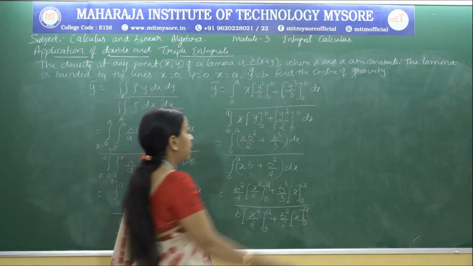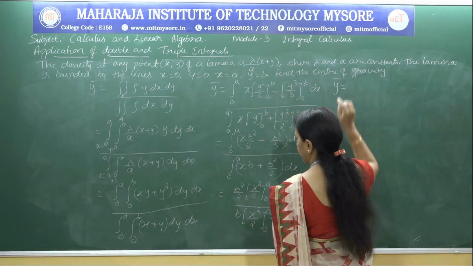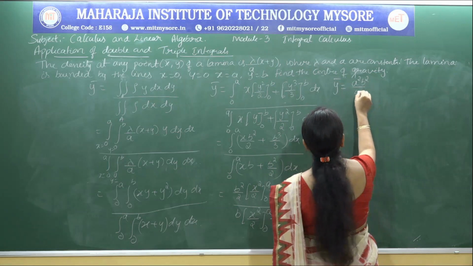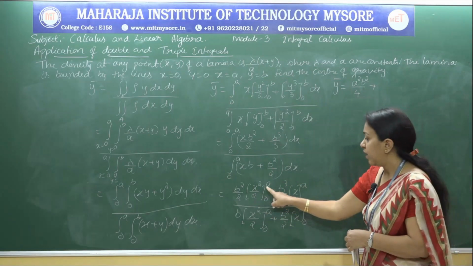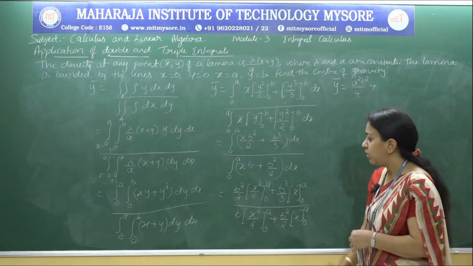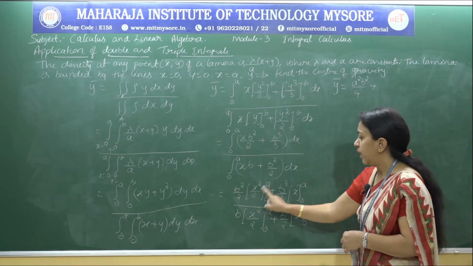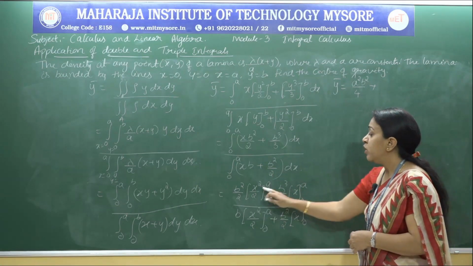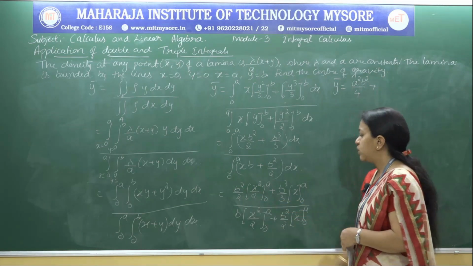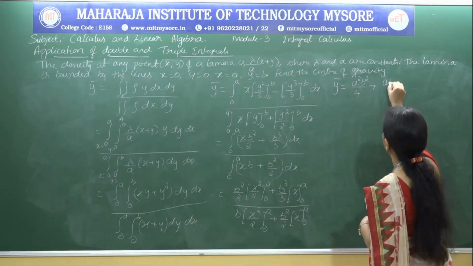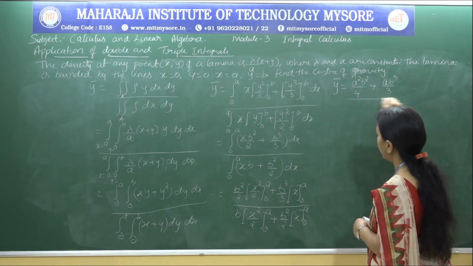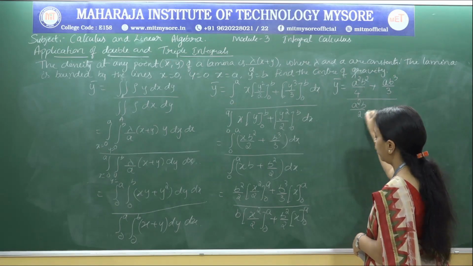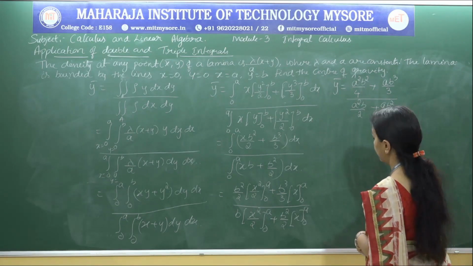Now apply the limit, that is y bar equals a square b square by 4 plus, if I apply here we have a square, upper limit, lower limit 0, I am not going to write the lower limit, so a square by 2 minus 0 will be a square by 2. So we have a square into b square by 2 into 2, which is 4. Similarly here a b cube by 3, whole divided by, and in this case we have a square b by 2 plus a b square by 2.